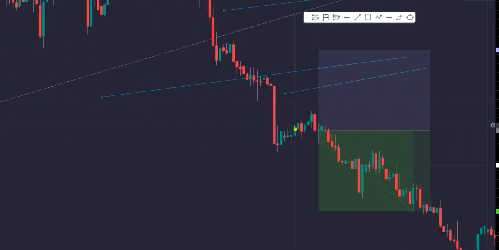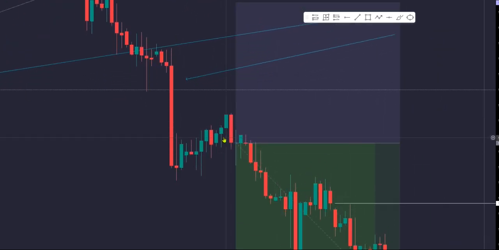This engulfing candle just engulfed the previous two candles, because the previous two candles were very small. The price found it very hard to come up to this area.